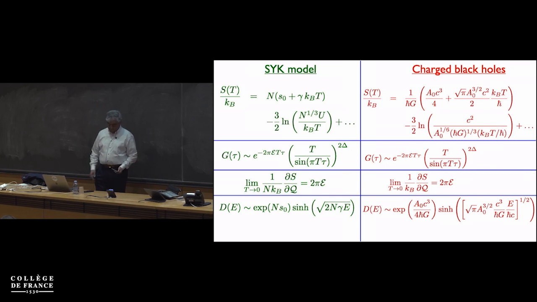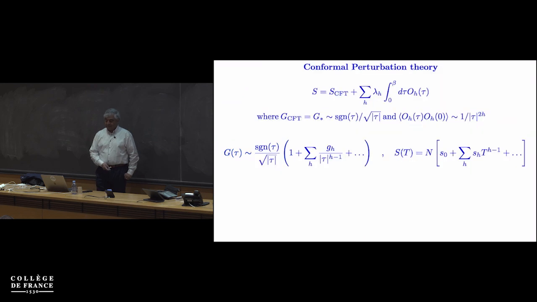Okay, so we have a discussion of the comparison between the SYK model and charged black holes. And last time I gave a discussion of where this linear T term came from. And I argued that you should think of the SYK model as some kind of conformal field theory, which is perturbed by some operators, O sub h of dimension h, so that the 2-point correlator of the operators in the conformal field theory decays as 1 over tau to the h.